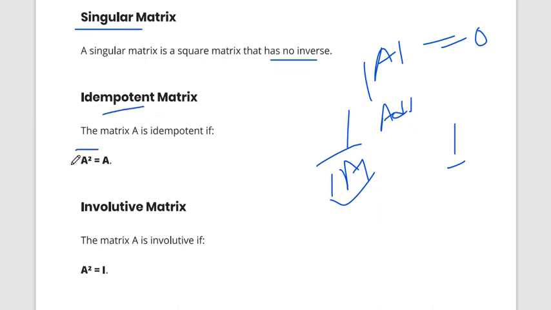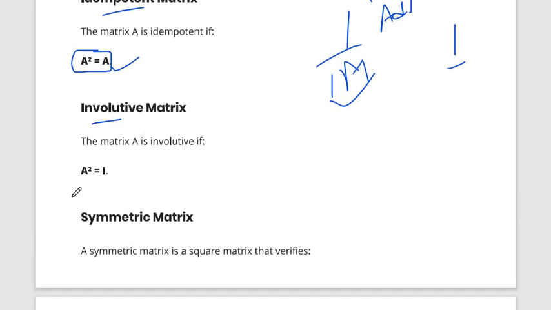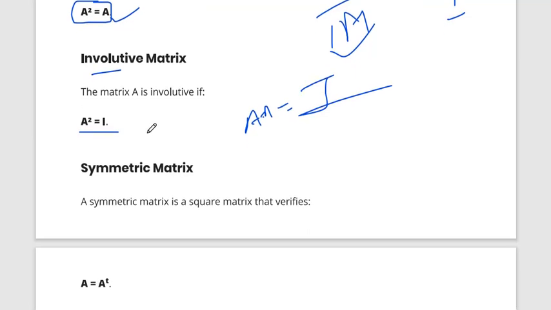Idempotent means the square of the matrix is the same as the matrix A. Involutory matrix means its square is equal to the identity matrix. If we multiply it with itself and the answer is the identity matrix, then it's called an involutory matrix.